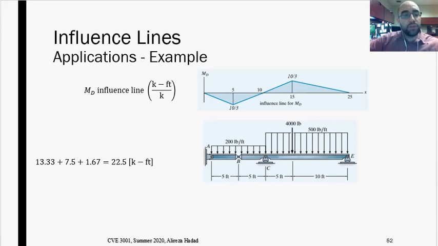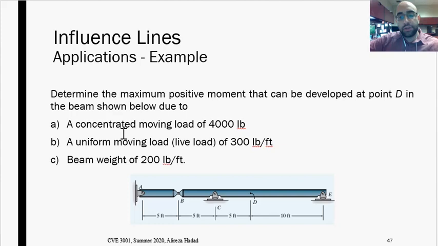I believe it is the most important example in this chapter because it shows how we can use the influence line diagram in analyzing a structure, and it shows the ultimate application of the influence diagram in finding the maximum demand in a structure or at a specific point in a beam under a live load, and we can design that member based on that result from the influence line.